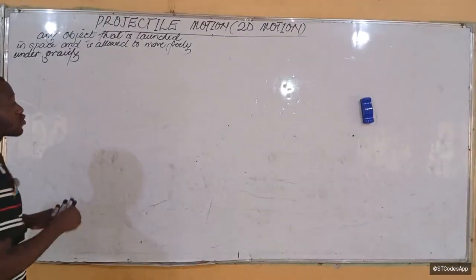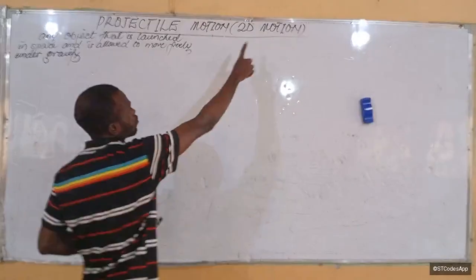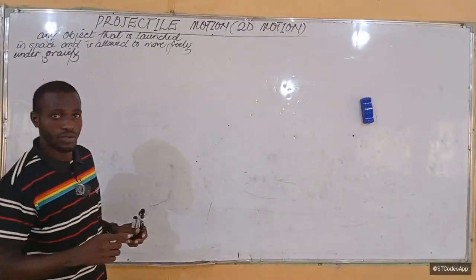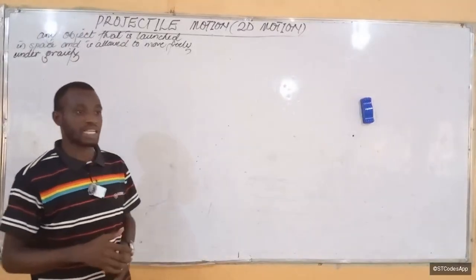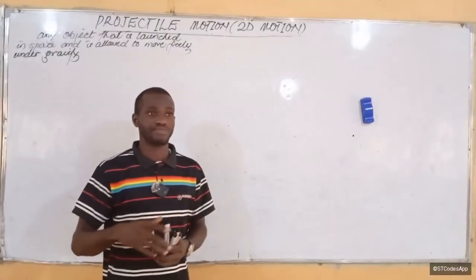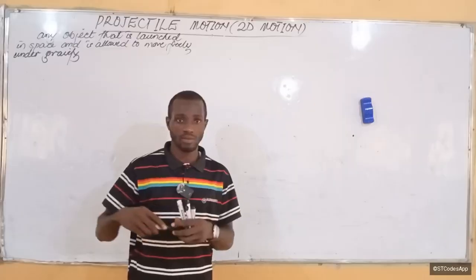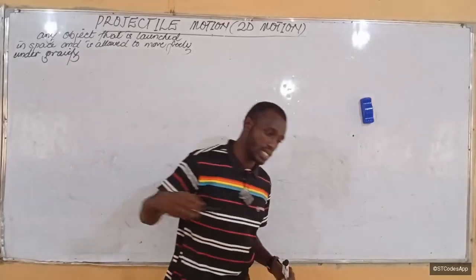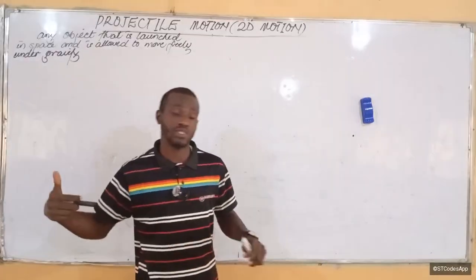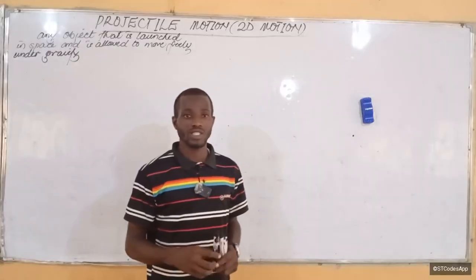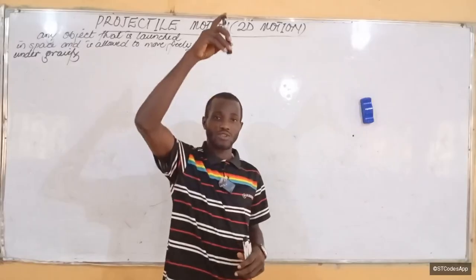So it is motion in two dimensions. Why is it so? We have seen objects that translate in one direction, one dimension, like just the x-plane, and we have also seen objects that translate in just the y-plane.